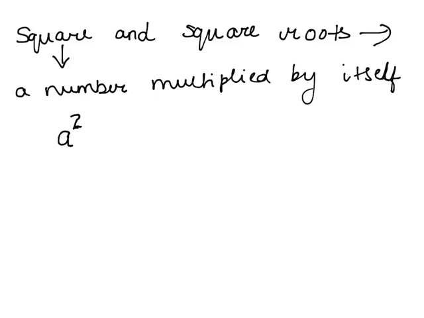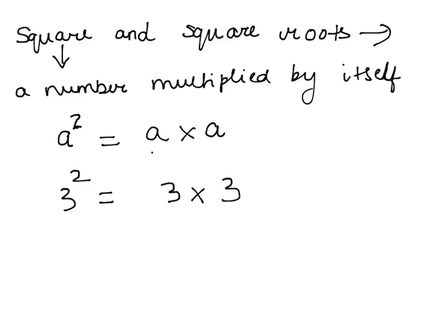This exponent 2 represents the square of a number. It means a times a, multiplying a number with itself. Suppose we have 3 squared, it means we are multiplying 3 with 3, so 3 times 3 is 9. That is the square of a number.